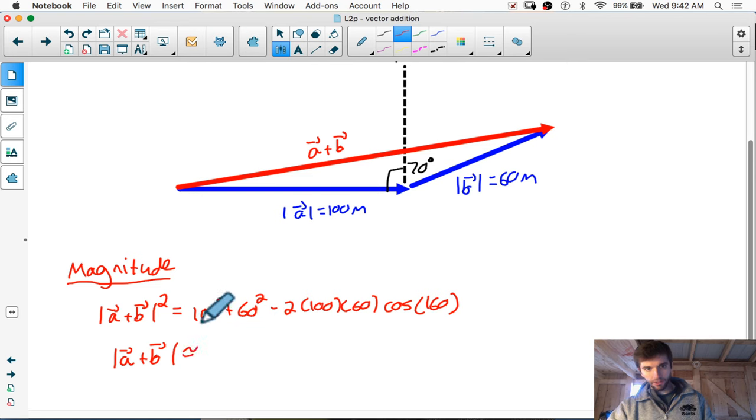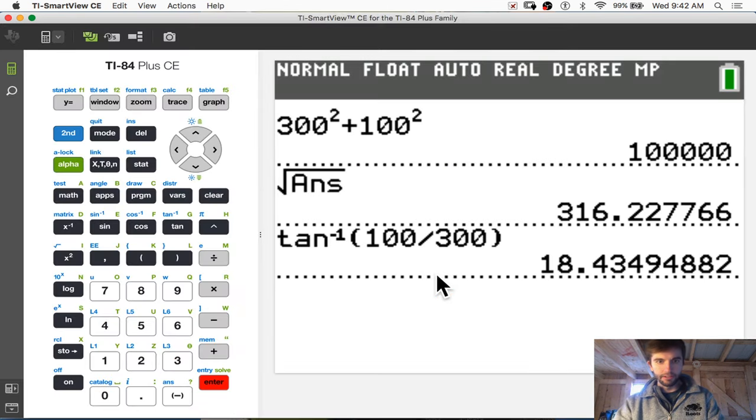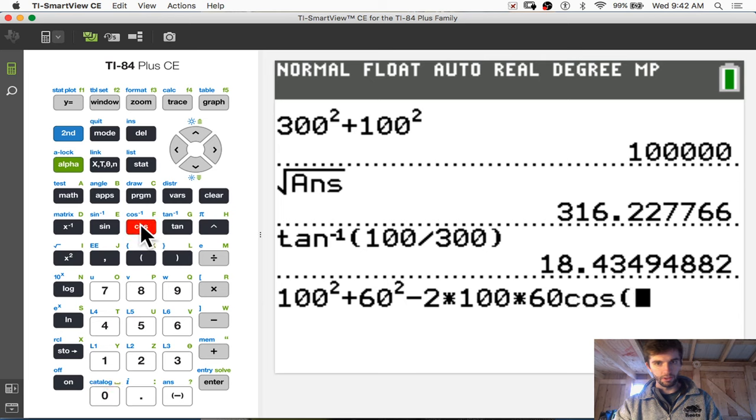And we'll get an approximate value, right? We're not going to be able to get an exact value for cos of 160 because the reference angle is 20, but we'll be able to get an approximate answer from the calculator. So 100 squared plus 60 squared minus 2 times 100 times 60 cos 160.